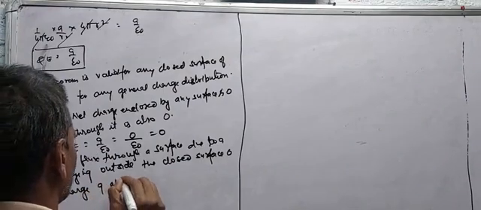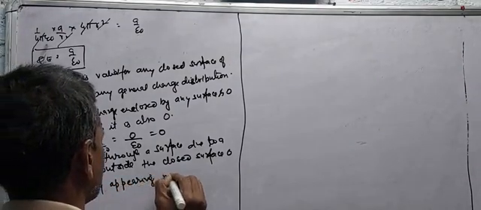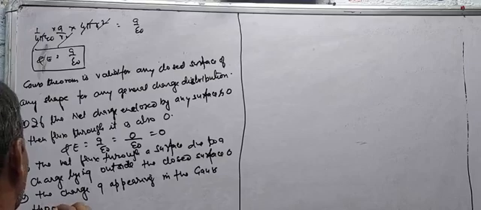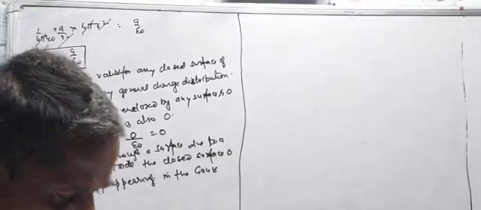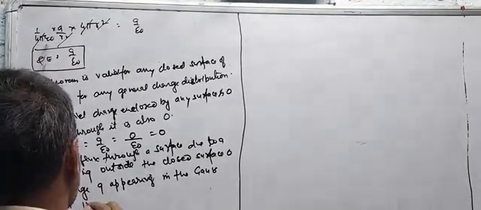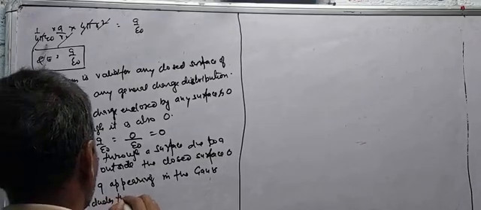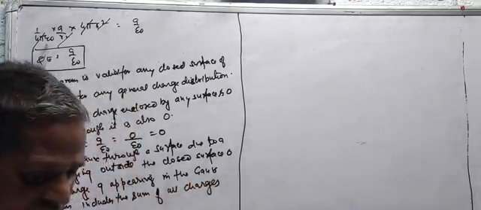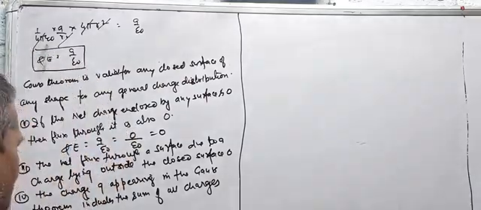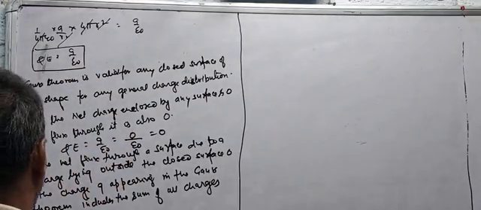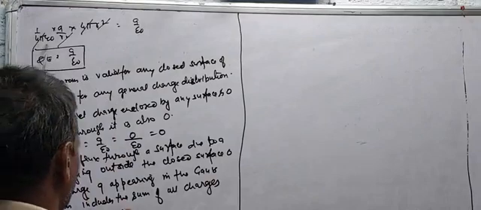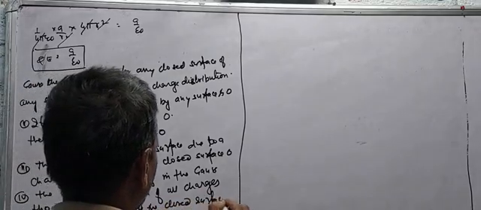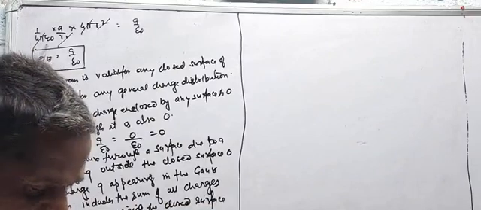The charge q appearing in the Gauss theorem includes the sum of all charges located anywhere inside the closed surface.